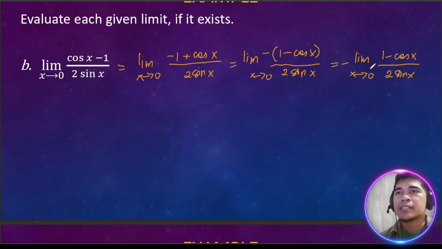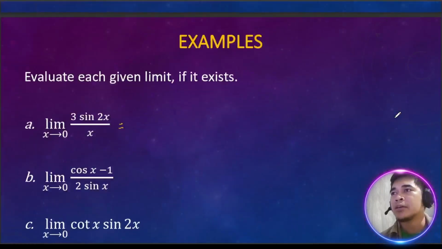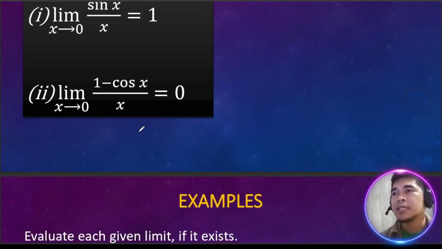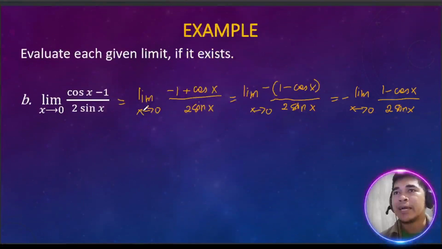So, next, we have here 1 minus cosine x. Pero atong denominator, di man kapareha sa theorem, which is x. So, unsay buhaton nato aron magka-x ang 1 minus cosine x. Ato i-multiply ang numerator o denominator og 1 over x para ang atong 1 minus cosine x natay x sa denominator niya.